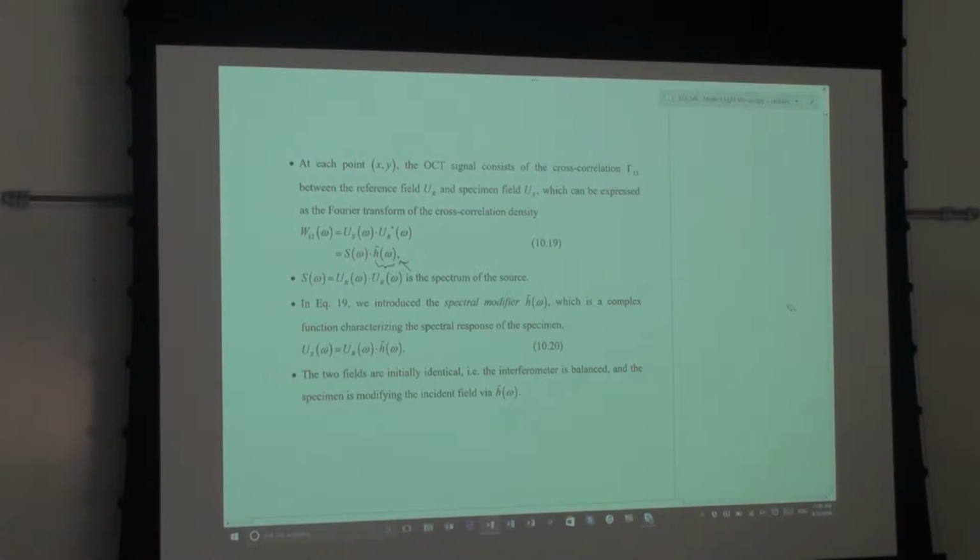So let me clarify that. The dispersion function that we used before, e to the i phi, has constant amplitude. No absorption.